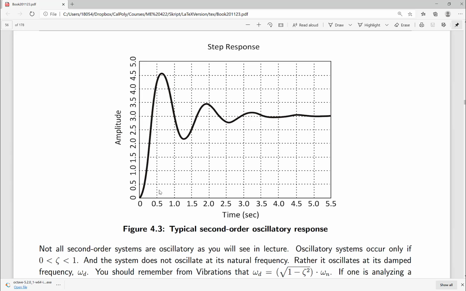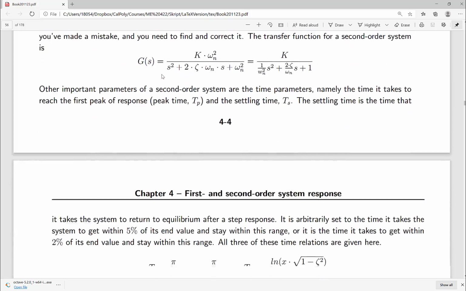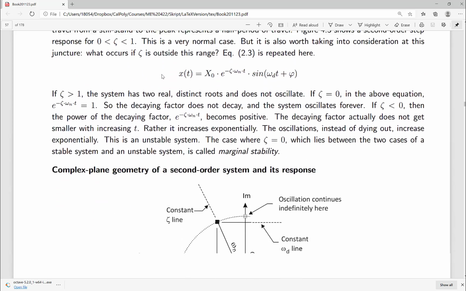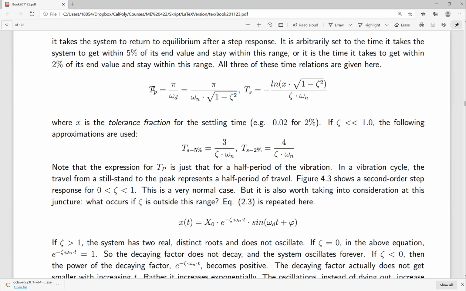And the peak time, if we look at it, is about I would say 0.65 or so. Let's use that. So our peak time is that, and our formula, we're going to find omega d from pi divided by the peak time, which is 0.65 seconds.